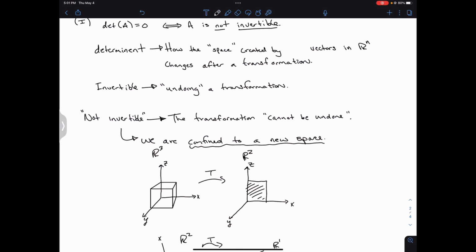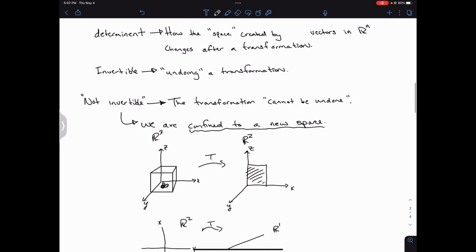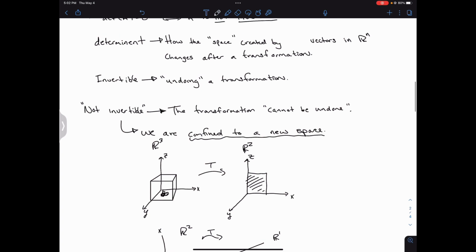So this illustrated example shows how we can transform from R3 to R2. Say we are in the volume, we are in this box, and the transformation T that we apply takes everything and compresses it into the ZX plane.